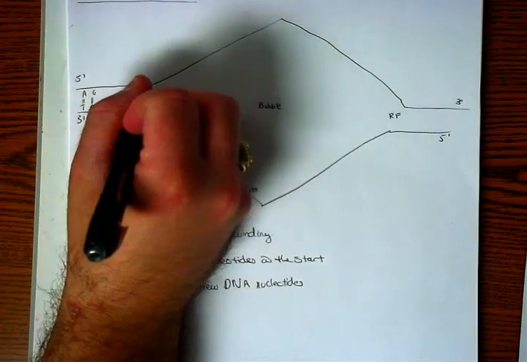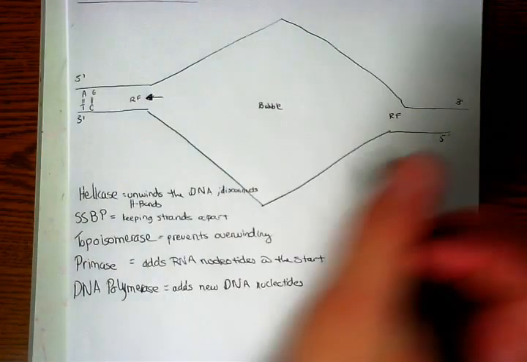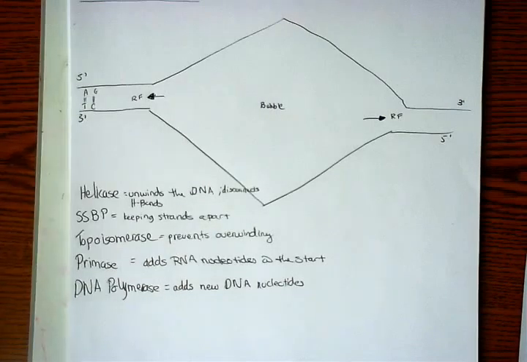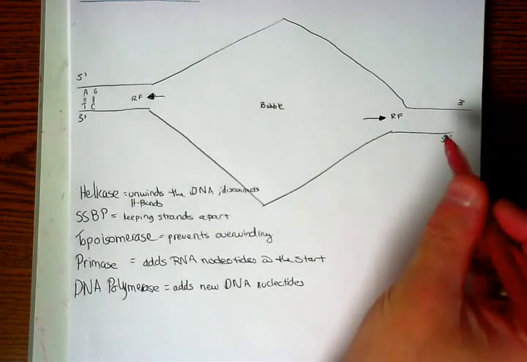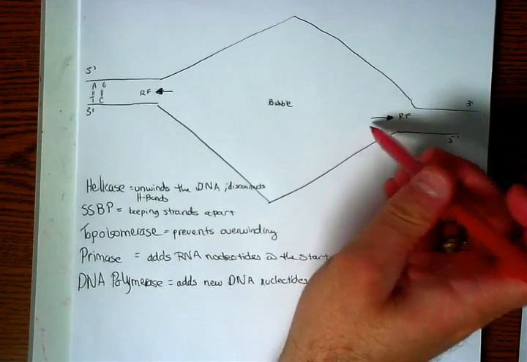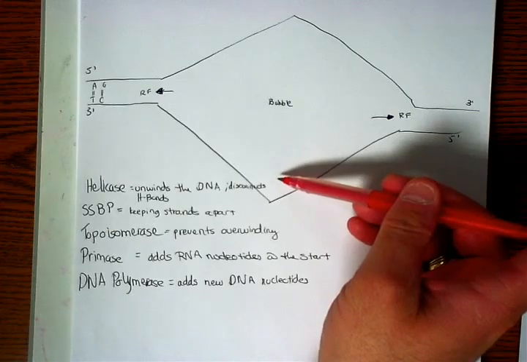Now it makes sense that the replication fork is going this direction. You see this left-hand direction that it's going there, and then you see the right-hand direction that it's going over there. And it seems logical that if this is a 5' end over here, then this new strand that I could draw in right through here, what would this side be? 5 prime?